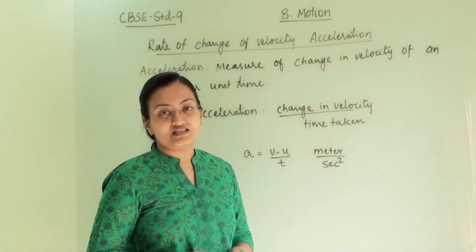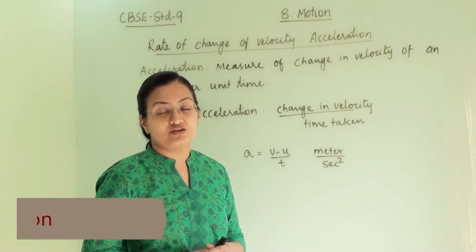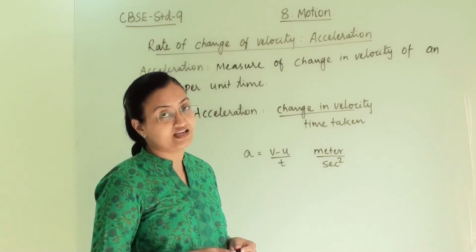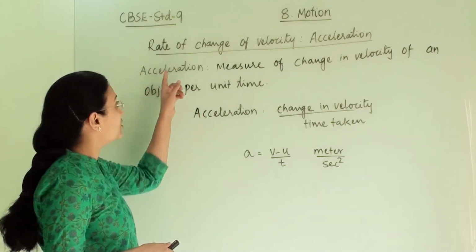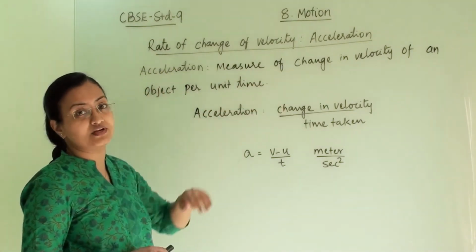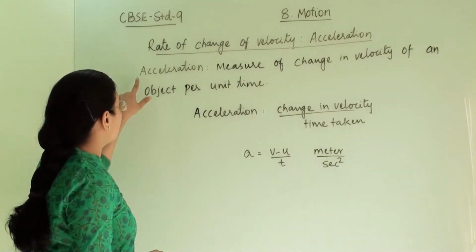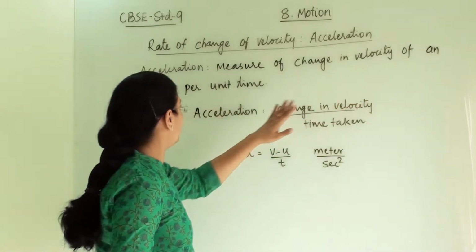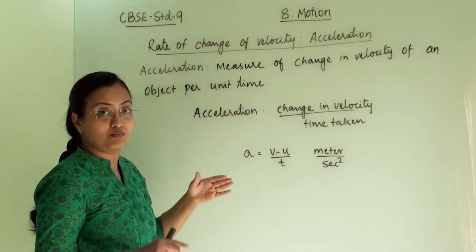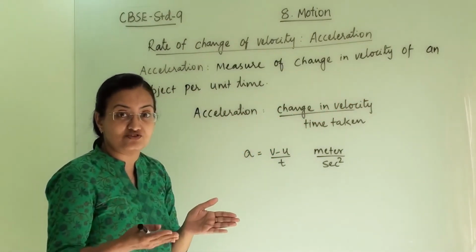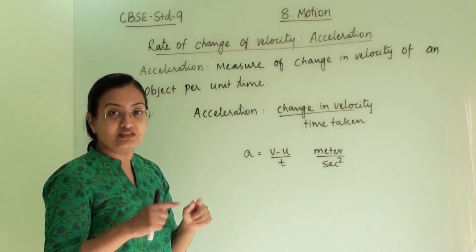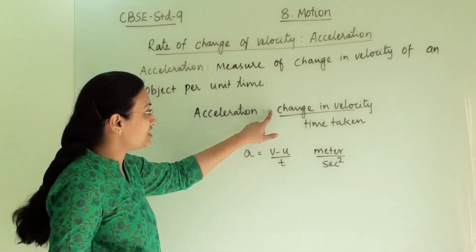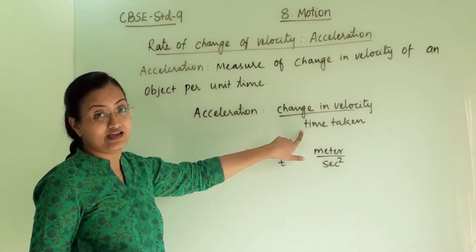Now let us understand, when velocity changes, that change in velocity is termed acceleration. So the rate of change of velocity is termed acceleration. Acceleration is the measure of change in velocity of an object per unit time. How much velocity has changed per unit time, that is known as acceleration. So acceleration equals change in velocity divided by time taken.